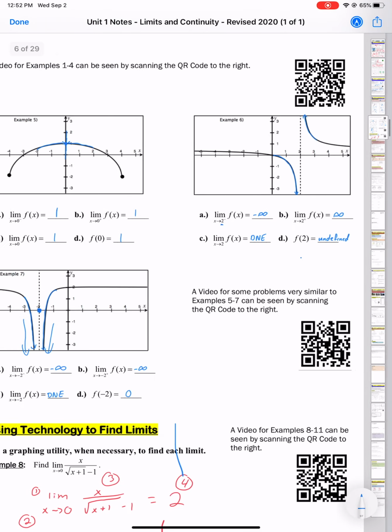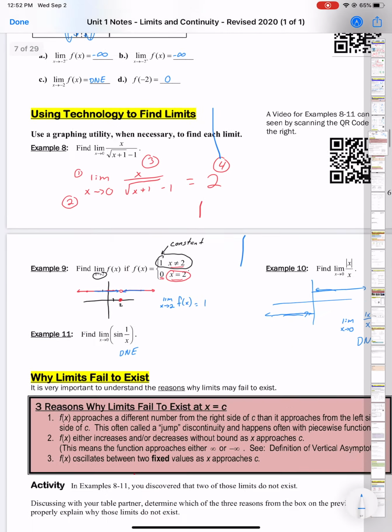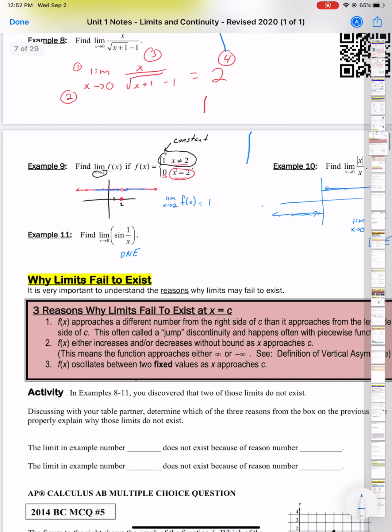And the same thing up here. On the left, it went down forever. On the right, it went up forever. Anytime that happens where one side or both sides goes to positive infinity or negative infinity, the limit does not exist then.